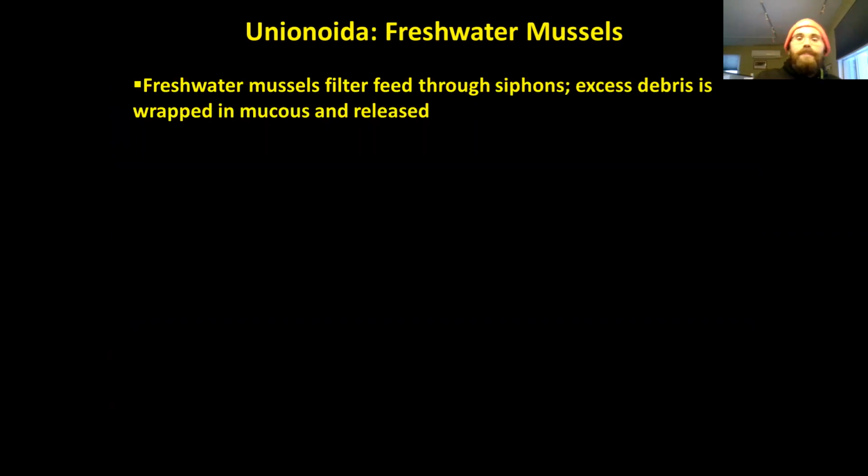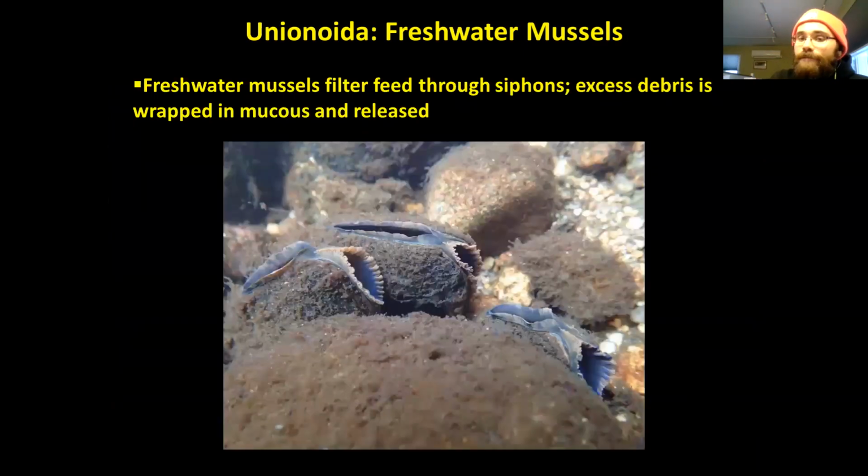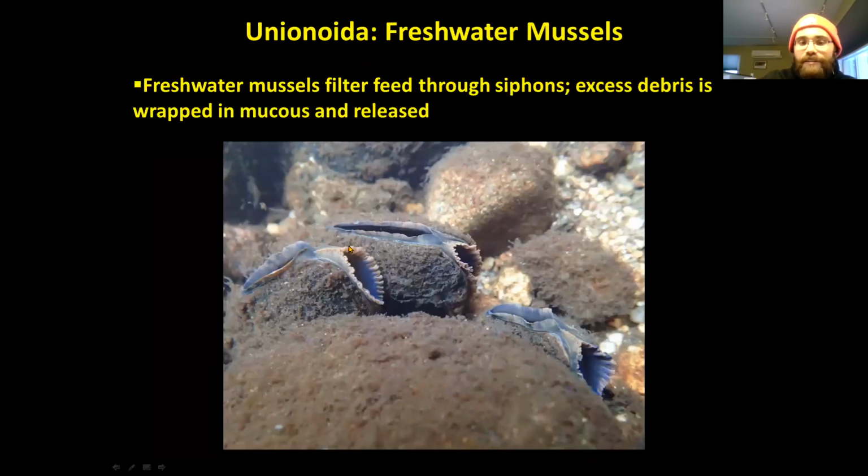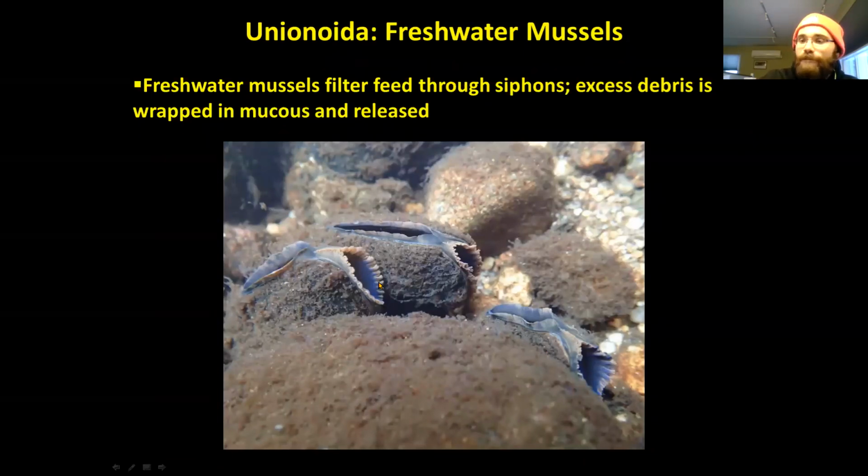Freshwater mussels are going to be filter feeding through siphons. They have an in-current siphon that they will face towards flowing water, so water is flowing in their direction. They will catch algae, bacteria, and other organic materials through this in-current siphon and feed on that.